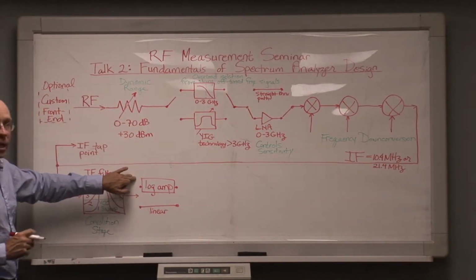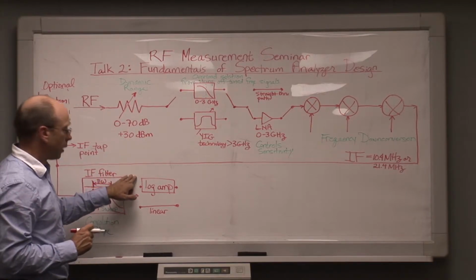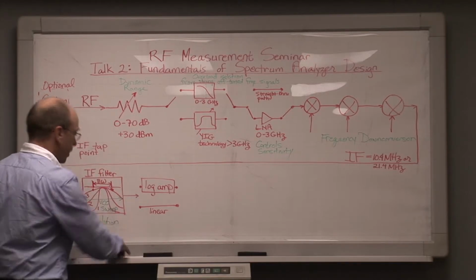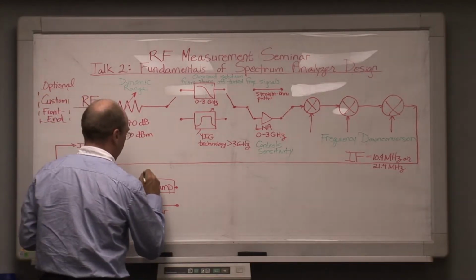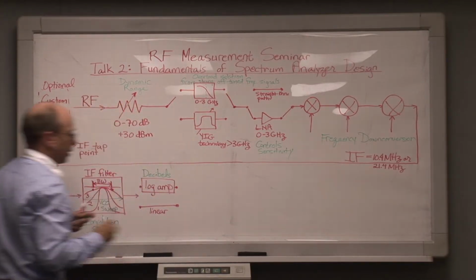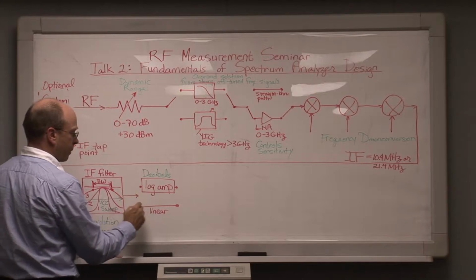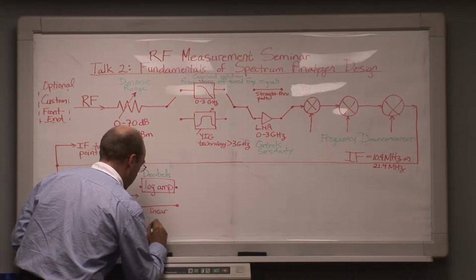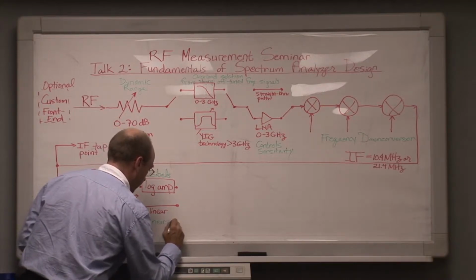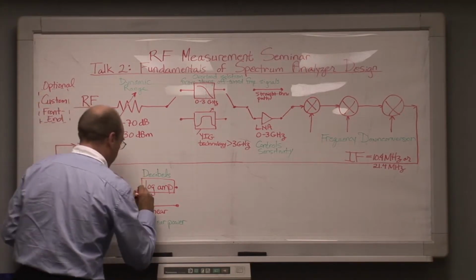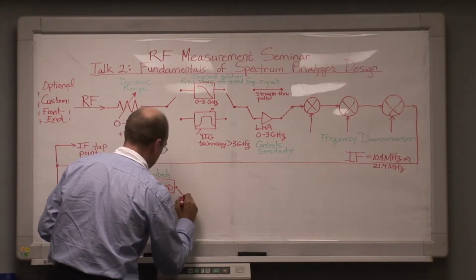The function of the log amp, as the name implies, is to, in fact, take the log of the power that we're measuring here, and this is the stage where we, in effect, convert power readings into decibels. If we do not pass through the log amp and we go through this linear stage, then the power levels that we'll measure will in fact be linear power. In most applications, for most purposes, we will in fact go through the log amp.